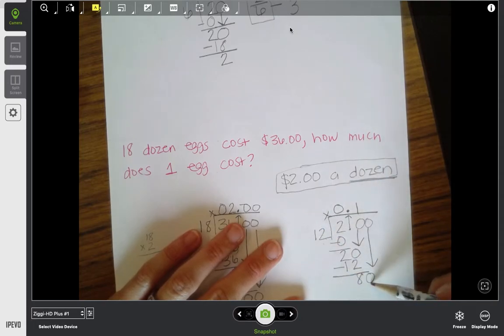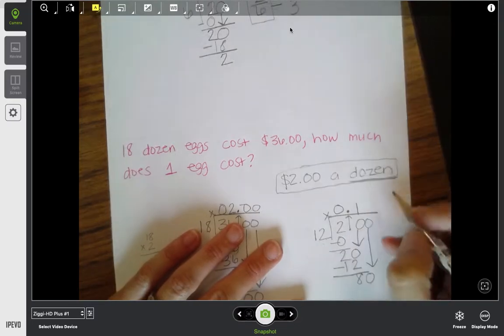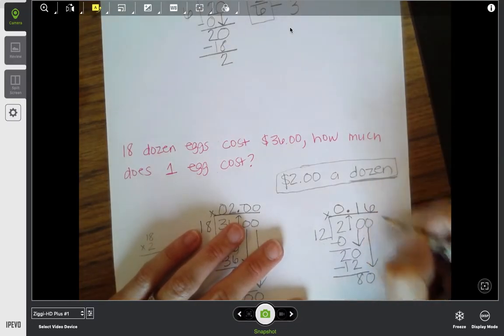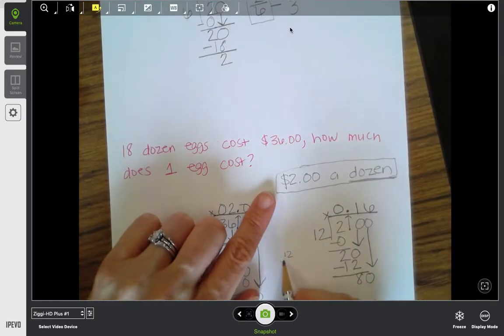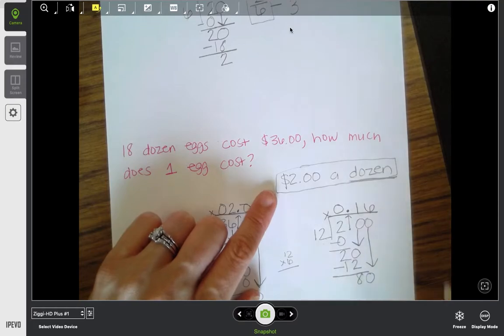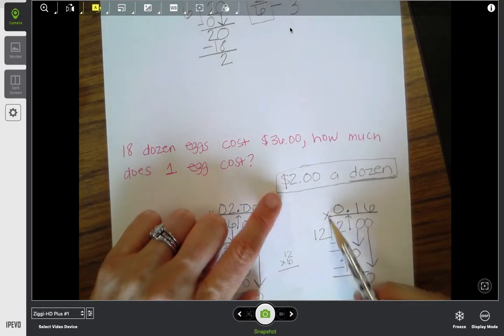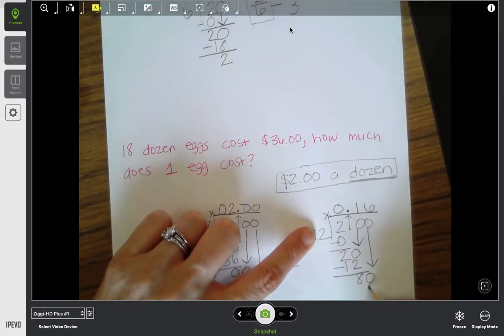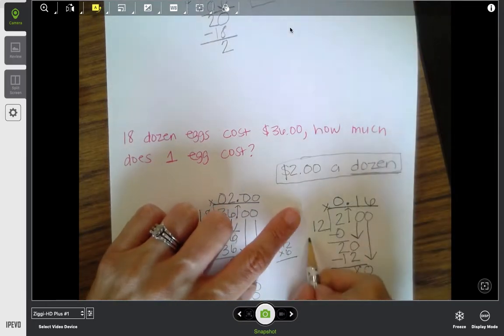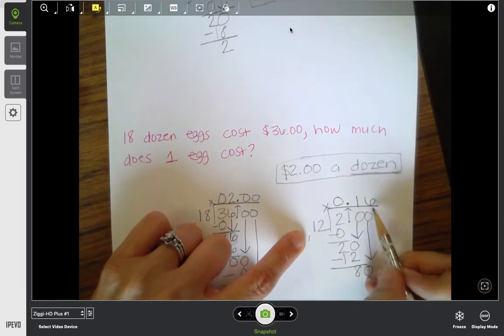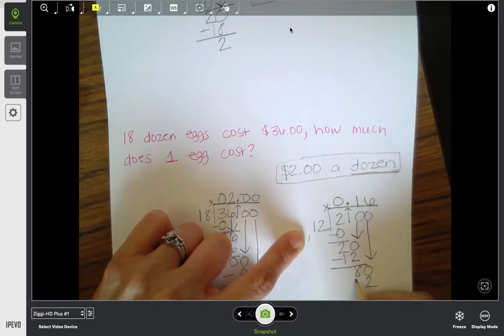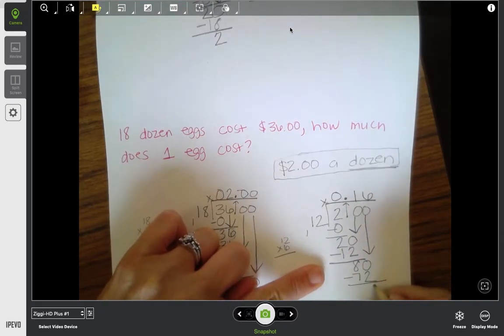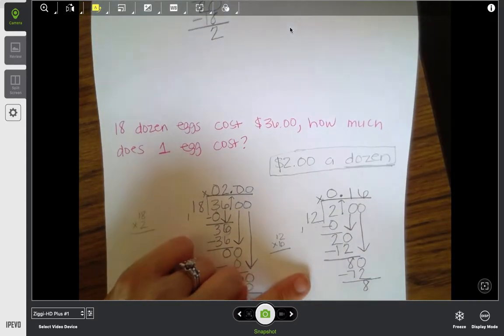So I've got to figure out how many times 12 will go into 80, and it goes into it about 6 times. So I can do 12 times 6, or I can say 6 times 2 equals 12. I'm going to put my 2, I'm going to carry my 1. 6 times 1 is 6, plus the 1 I carried is 7, and I'm left with 8 again, okay?